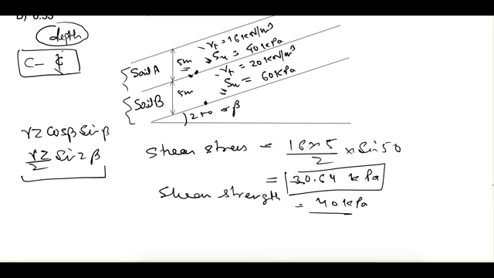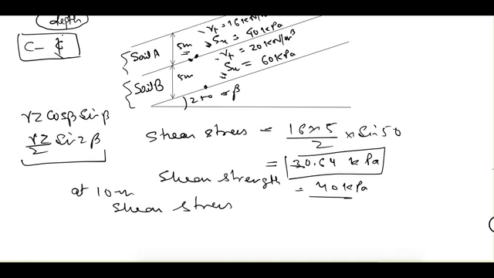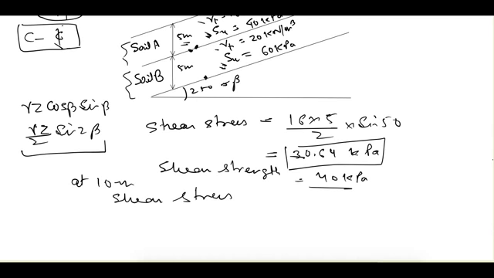At the depth of 10 meters, what is the shear stress? At that level, this shear stress will remain the same up to this level, plus the shear stress in this part, again using the formula gamma z by 2 sin 2 beta.